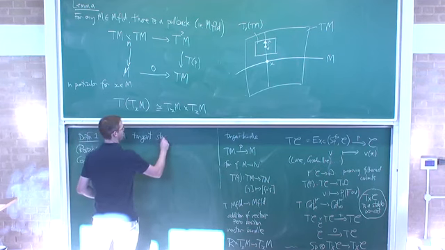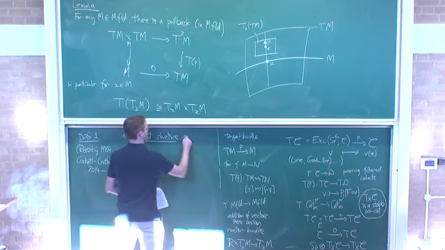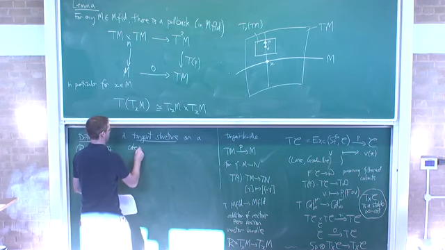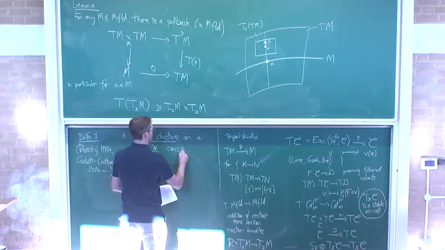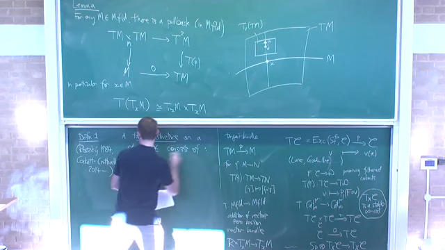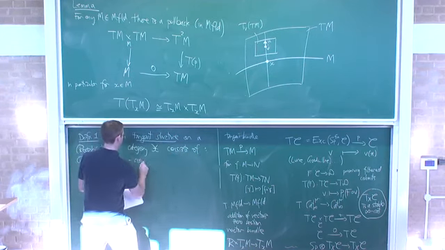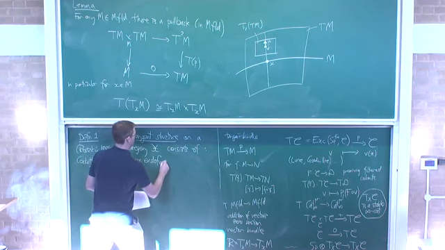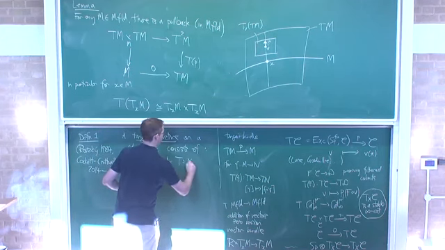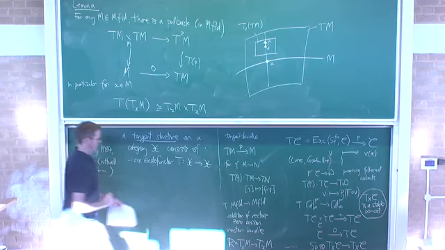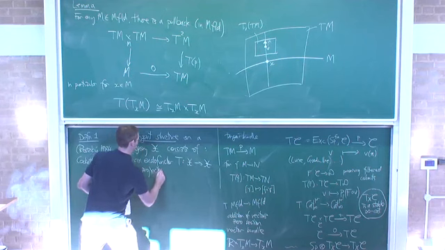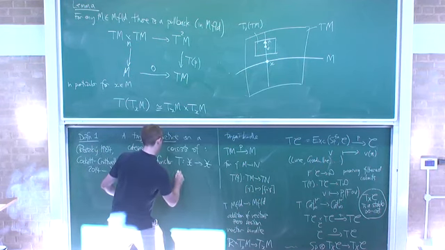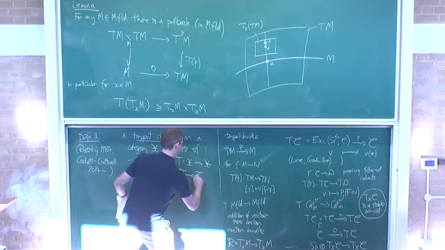A tangent structure on a category X consists of an endofunctor T, which plays the role of the tangent bundle. A projection says that it lives over the identity functor.